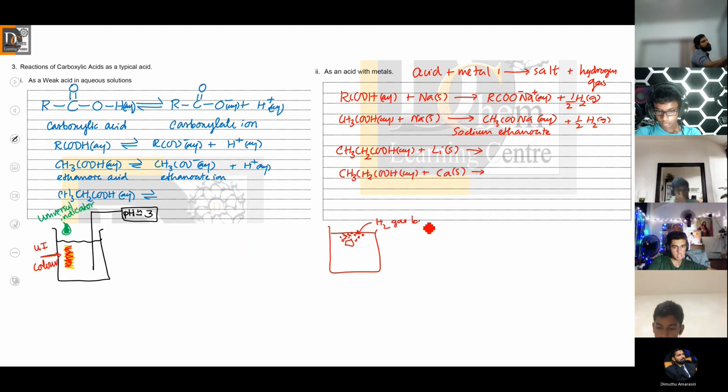Hydrogen gas bubbles. You can check this with a lighted splint, which will go pop.